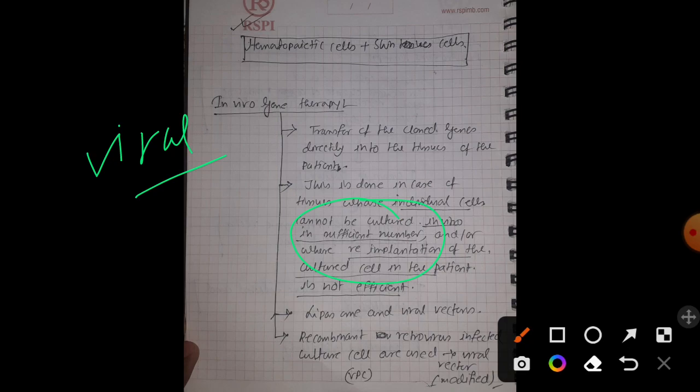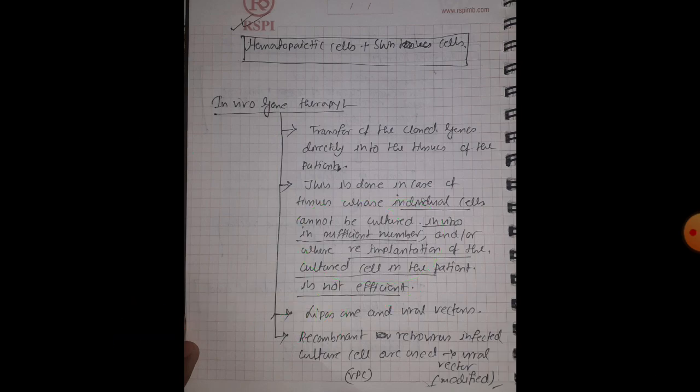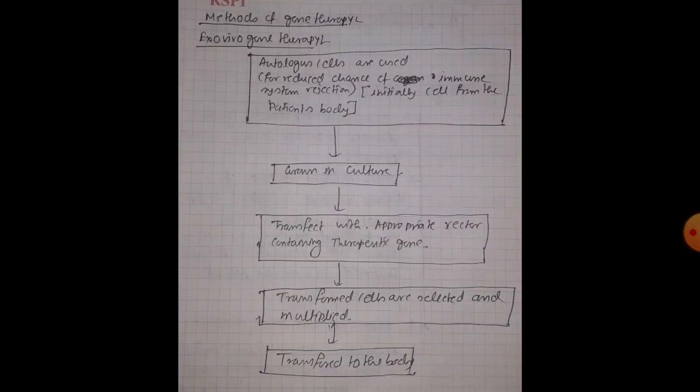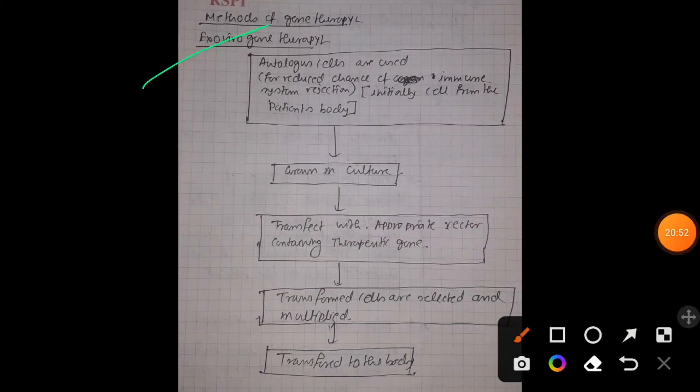On the other hand, in ex vivo gene therapy, we do the entire transformation scheme in vitro, and then we transfer the transformed cell, which is also an autologous cell. So ex vivo gene therapy is much safer than in vivo gene therapy.